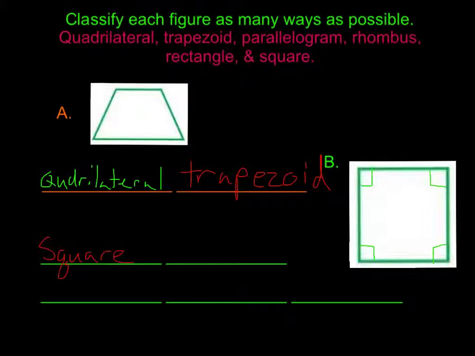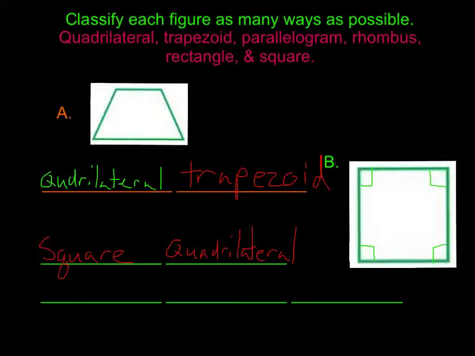Square. The other thing we know it is, because it has four sides and four angles, is a quadrilateral. So we're going to write quadrilateral. And then let's go back and think about our other definitions.